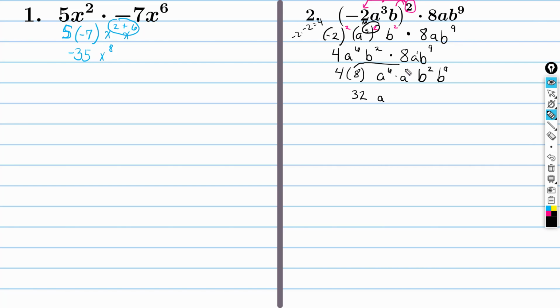A to the, this time we're going to add, so 6 plus 1 is 7. B to the 9 plus 2, which is 11th. So that's my answer for each of those.